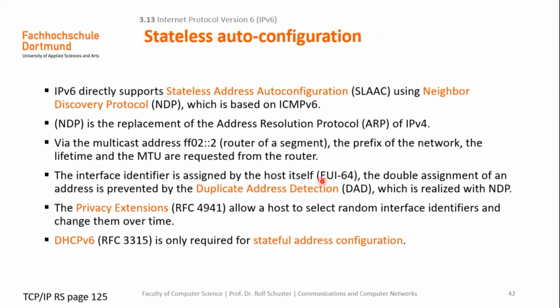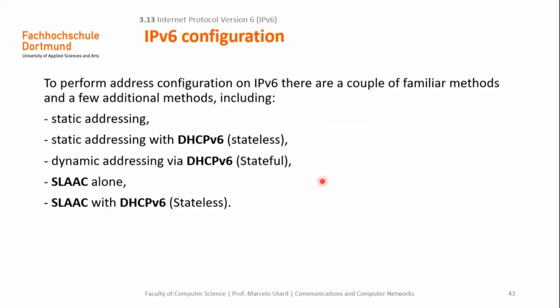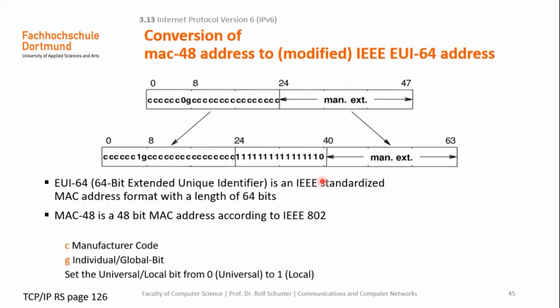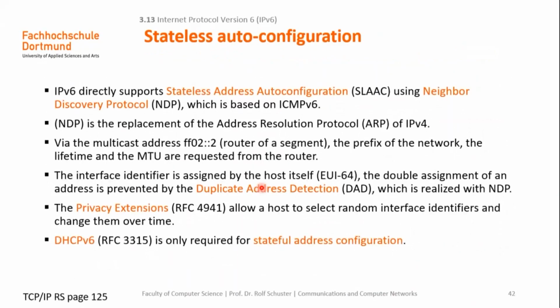For instance, using what is called the extended unique ID. We will see that we can transform the 48-bit MAC address into a 64-bit extended unique ID that we use here to identify the interface.